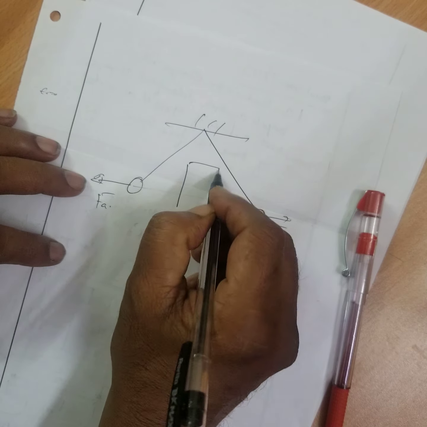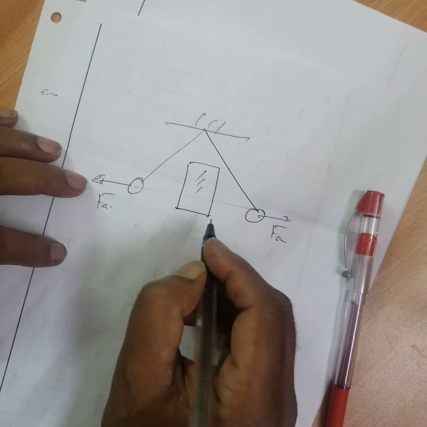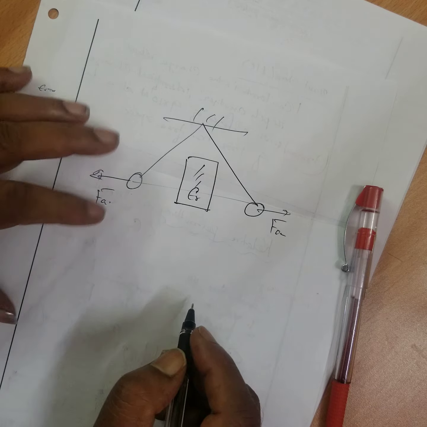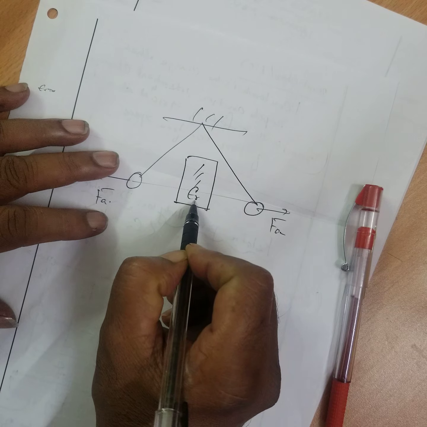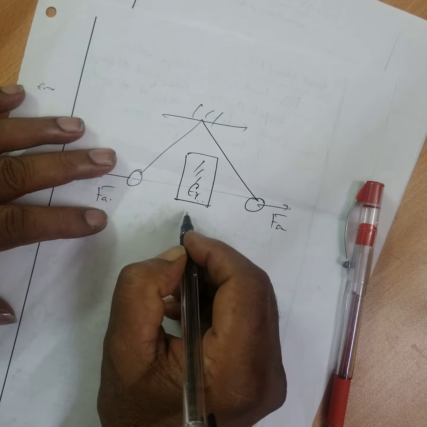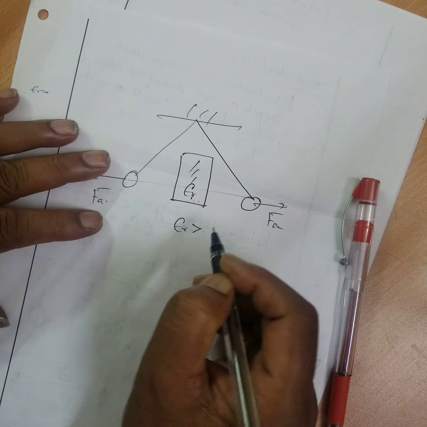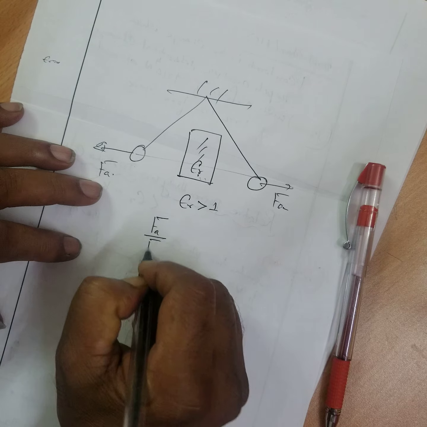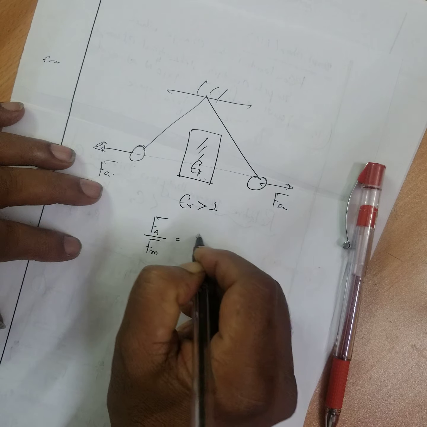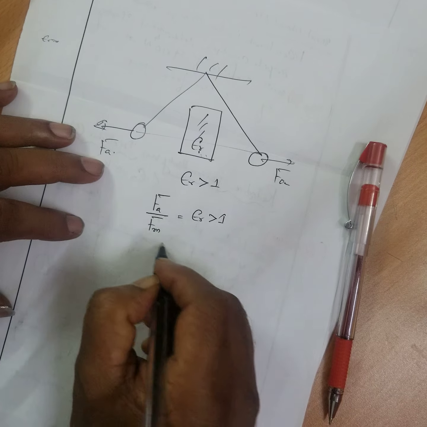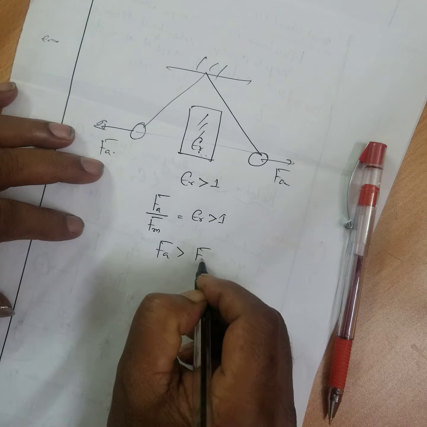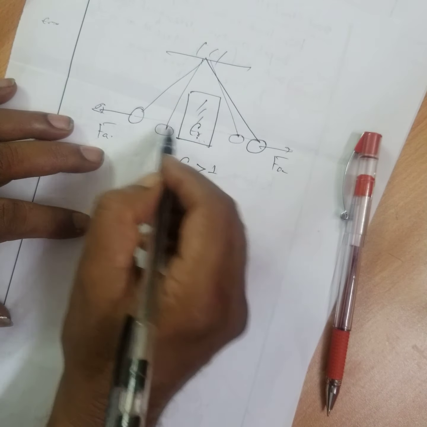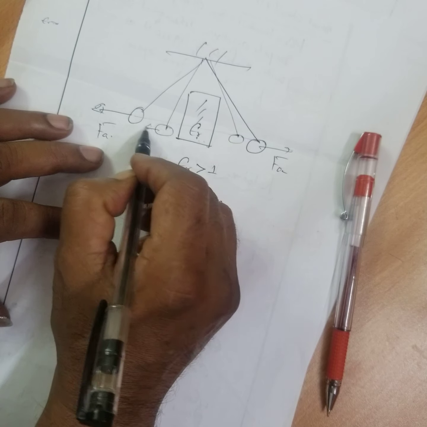Now, if I introduce some dielectric medium, epsilon r, which is always greater than 1. Force in air over force in medium is equal to epsilon r, which is greater than 1. Therefore, force in air is greater than force in medium. In other words, when you introduce any other dielectric medium, the force reduces.